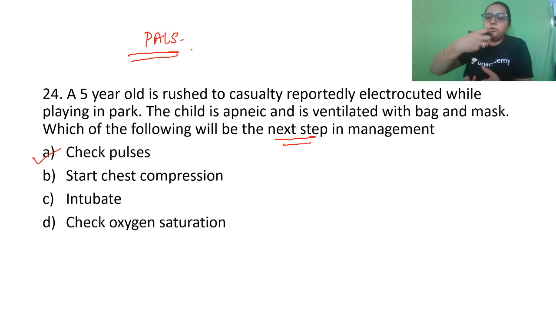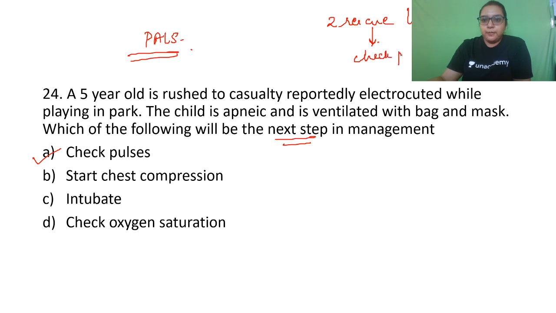So after giving 2 rescue breaths, the rule says you then check the pulse. Okay, that gives you the heart rate, and then you decide whether you need to give chest compression or cardioversion. So the answer is A, check the pulses. Clear?